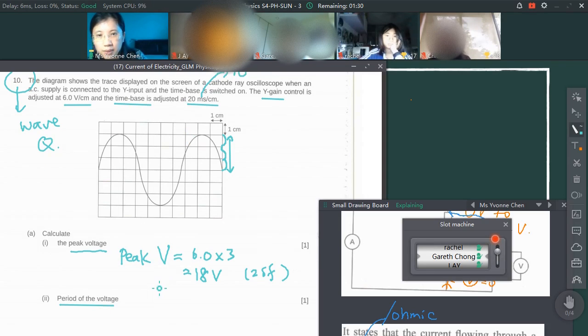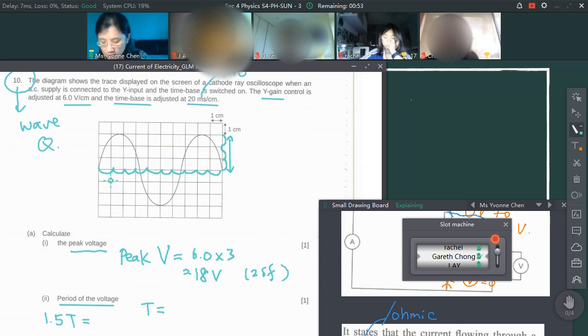So we can find the period equals 1, 2, 3, 4, 5, 6. Did I miscount it? Okay, I think my method is not very good. Let's count like this: 1, 2, 3, 4, 5, 6, 7, 8, 9, 10. So basically 1.5 period.